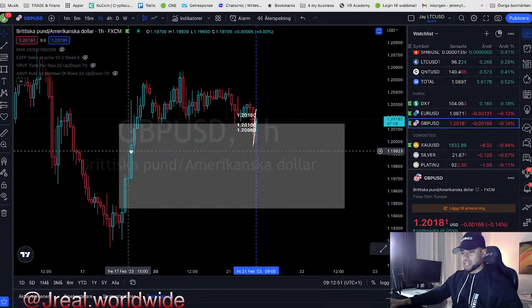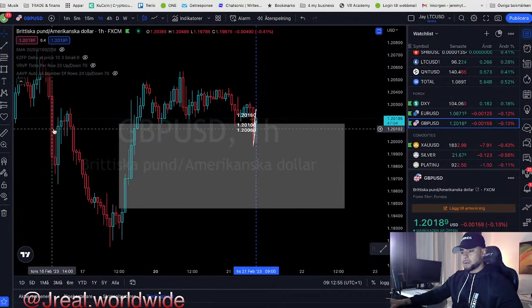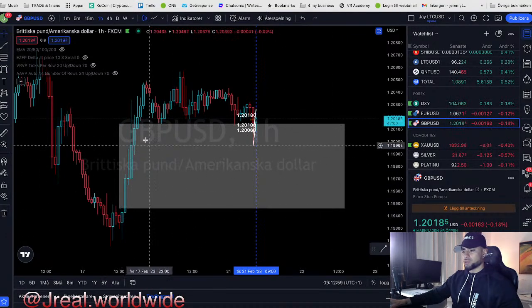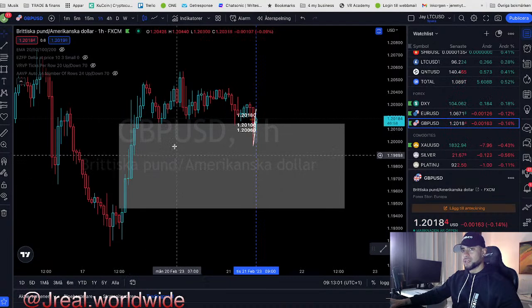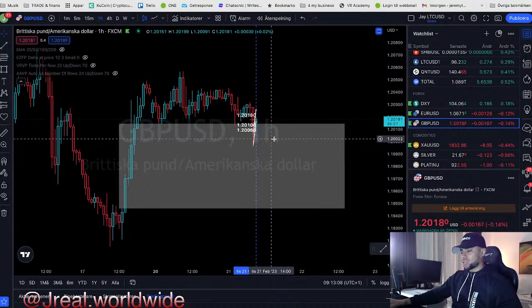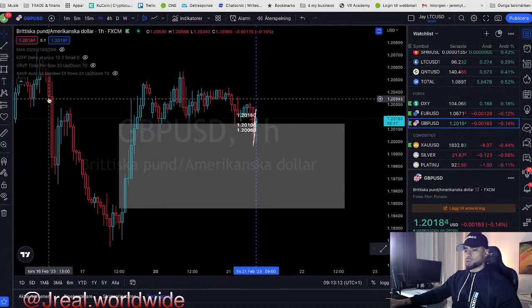All these green candles here that have been pulling through this liquidity have left a lot of unfilled orders. So you will find a lot of unfilled orders in this zone, and market tends to drop or get back to that zone to fill those orders.